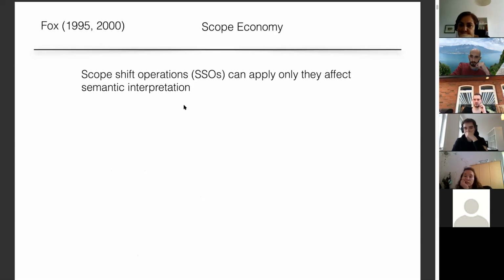So Fox's idea is that in general, there is such a principle, and this principle is scope economy. Why is it economy? Because it says to only apply some extra operation that is going to cost you some processing resources when, at the end of the day, you get a semantic effect.